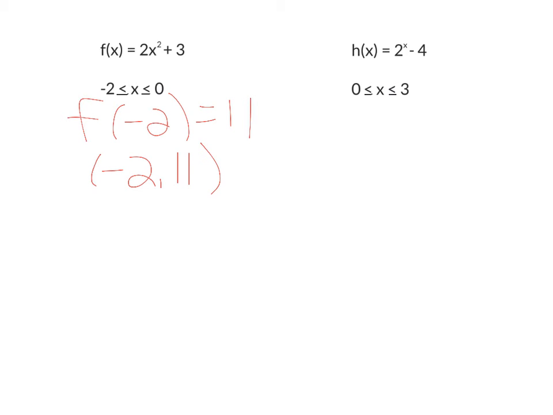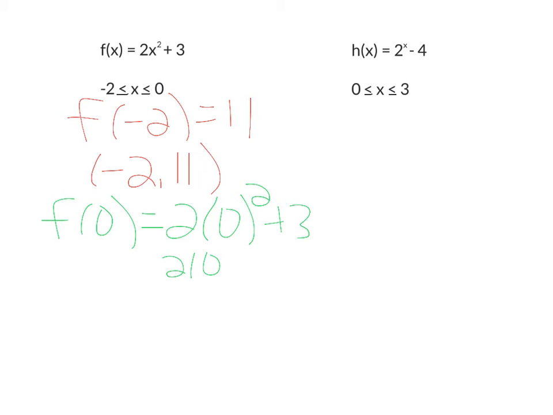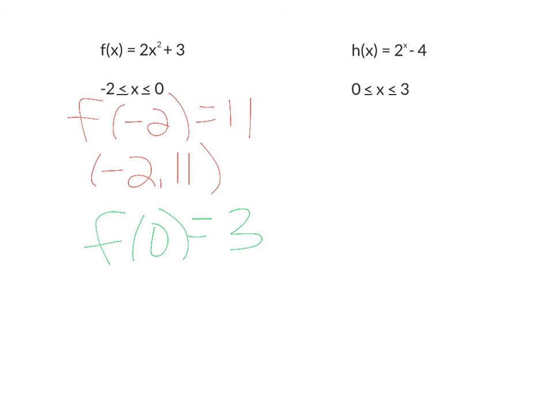Next, I would input the value 0, so I'd be finding f of 0. When I input 0, I would first square 0 to get 0, multiply 2 by 0 to still get 0, and add 3 to get 3. Therefore, f of 0 is equal to 3, which means that I have the point 0, 3.